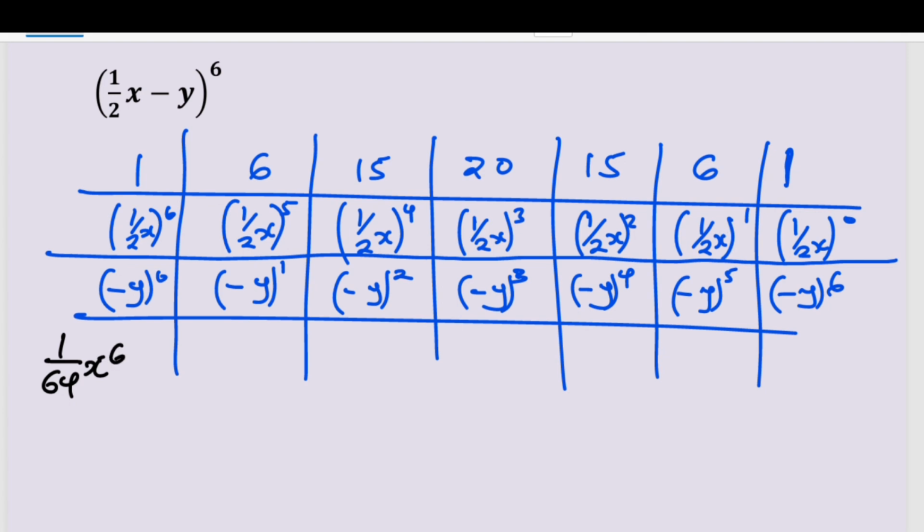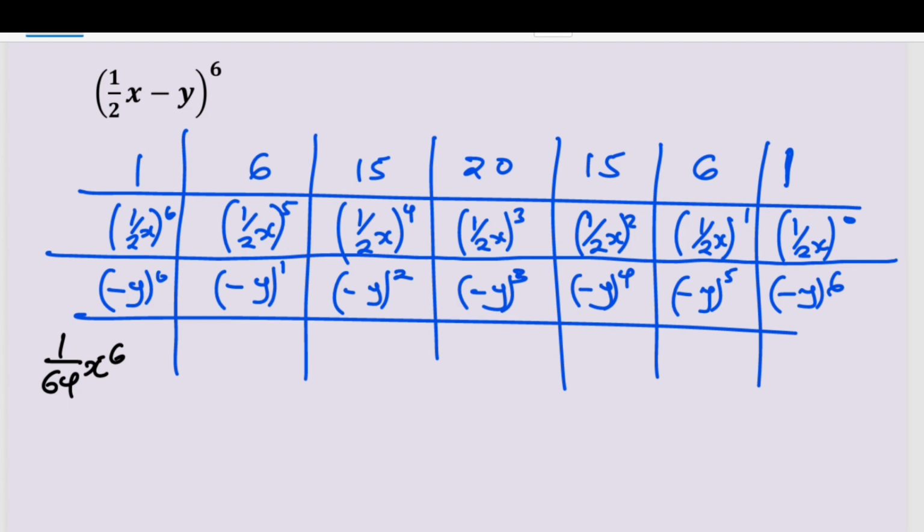The next, a half x power 5 is 1 over 32 x power 5. Then that is what you now multiply by 6. What do you get if you take 1 over 32? So that is same as saying 6 over 32, and that is same as 3 over 16 if we simplify by 2.